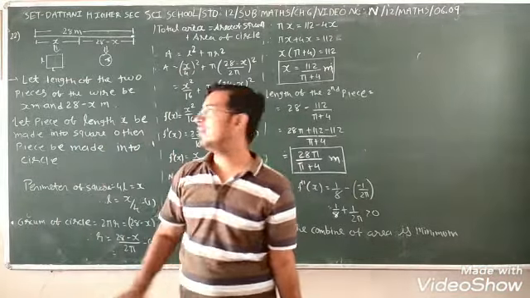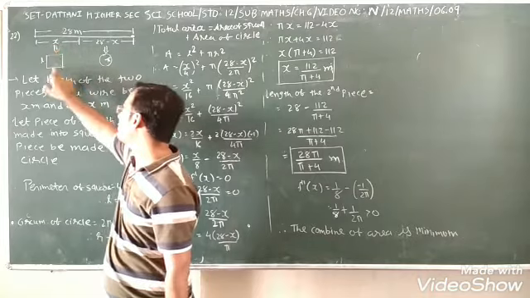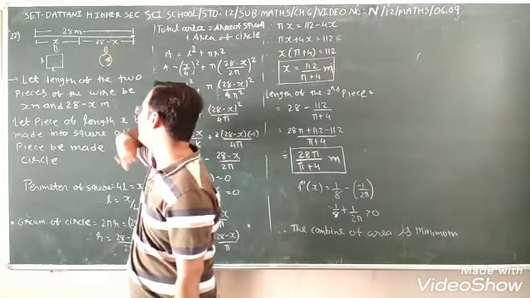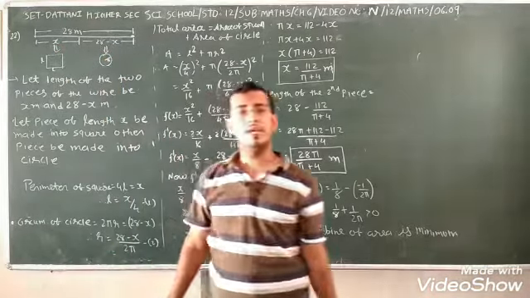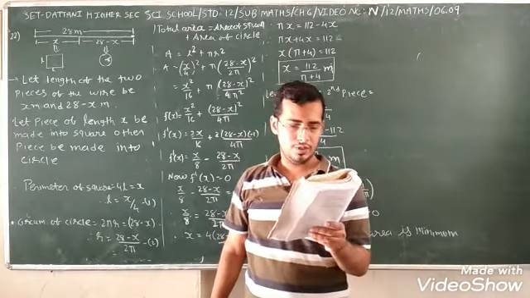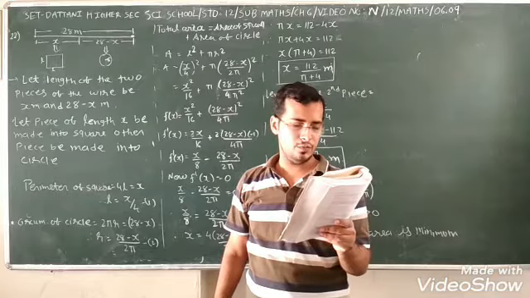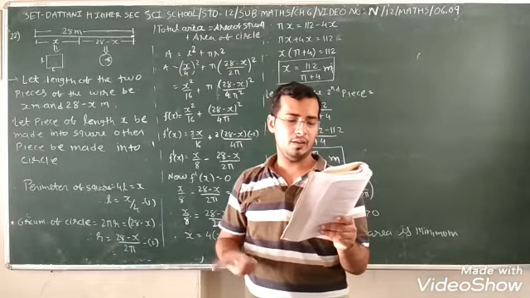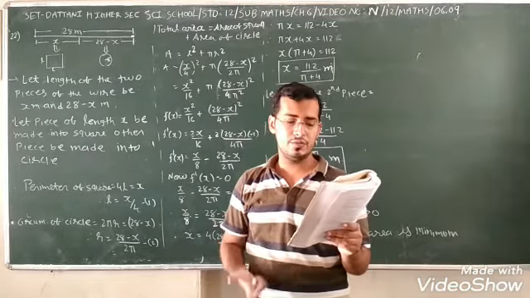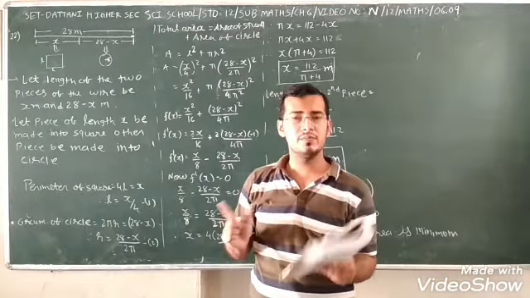One piece is made into a square and the other, 28 minus x, into a circle. What should be the length of the two pieces so that the combined area of the square and the circle is minimum?